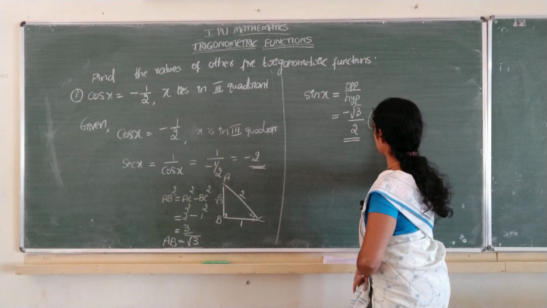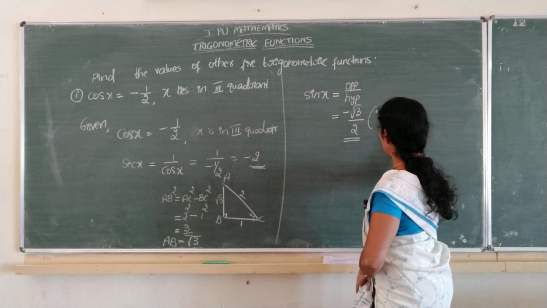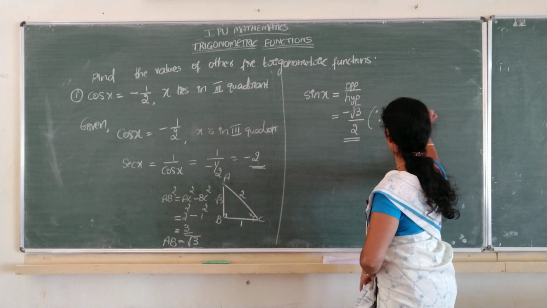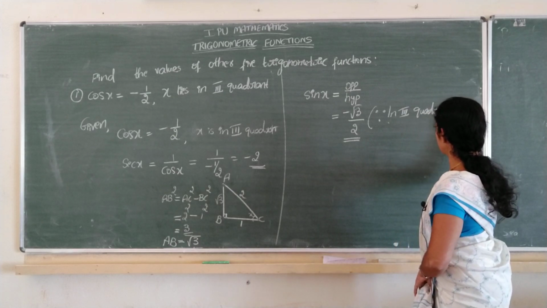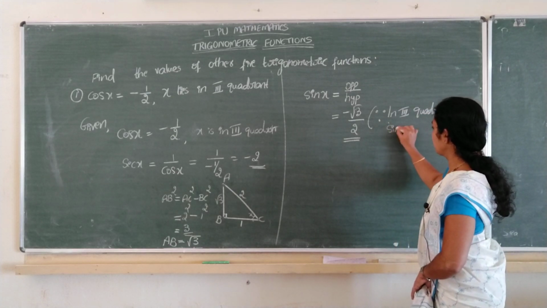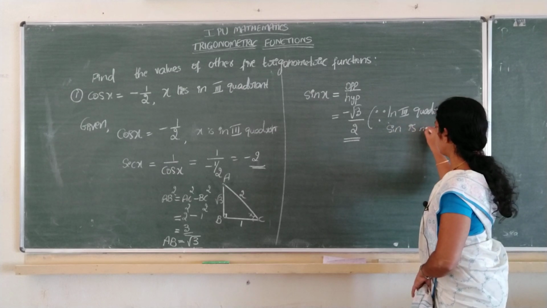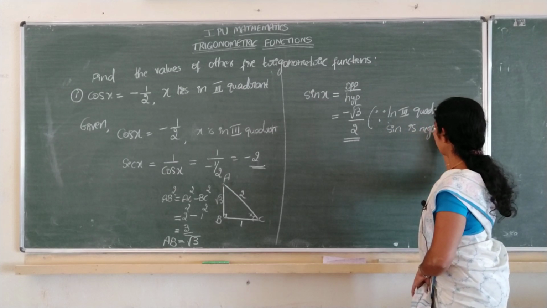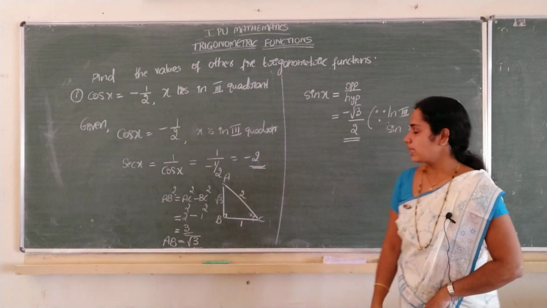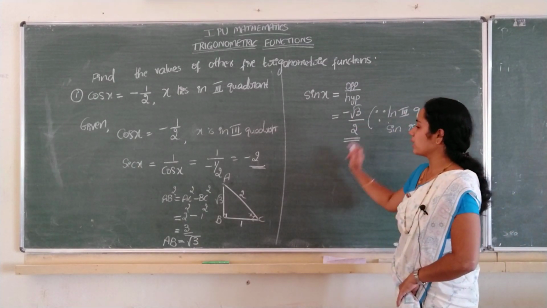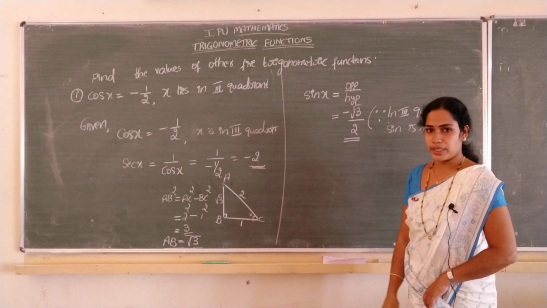Here I will write the reason, because in third quadrant, sine is negative, therefore value is minus root 3 by 2.